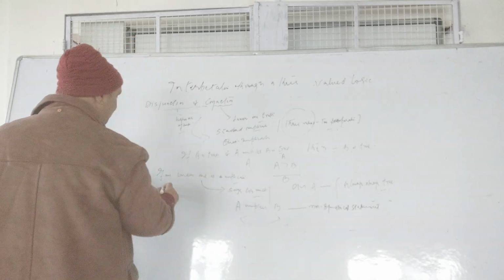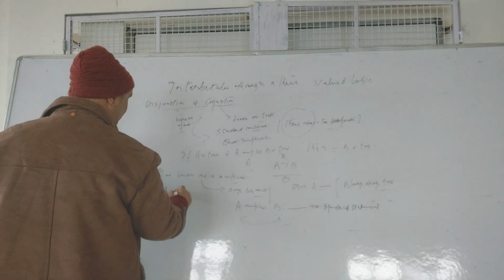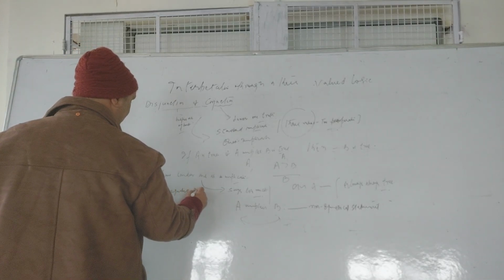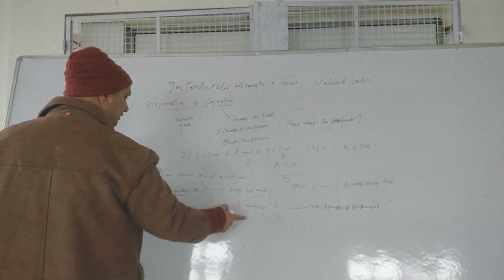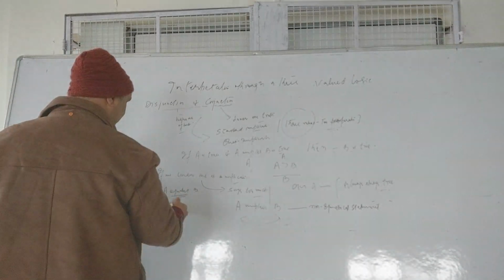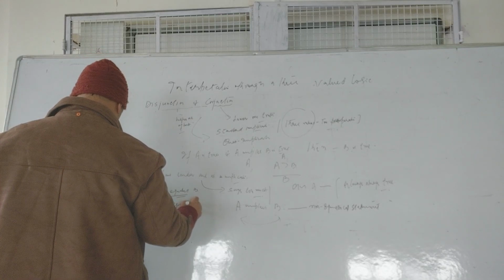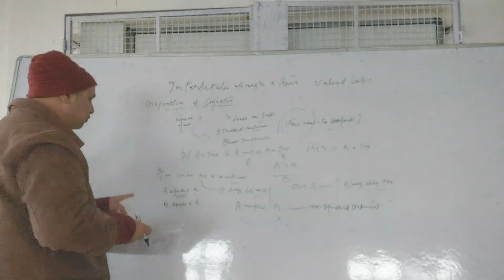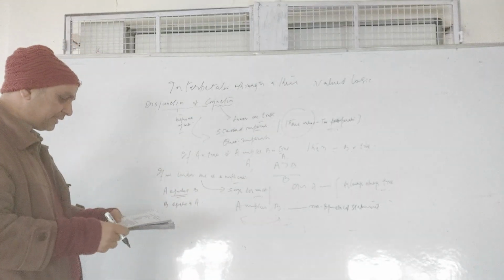Or you can construct if A is equivalent to B. Now comes equivalence: if A is equivalent to B, B is also equivalent to A. So in this we only need two tables.